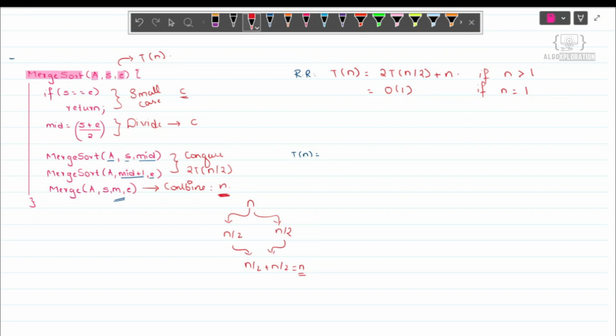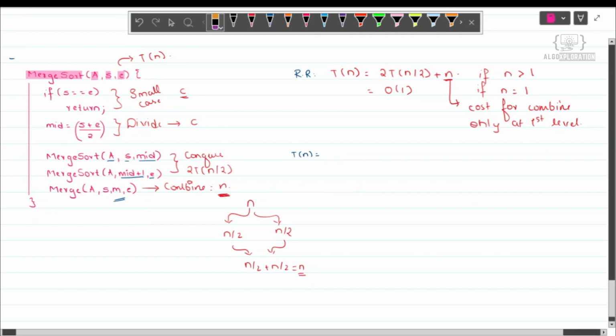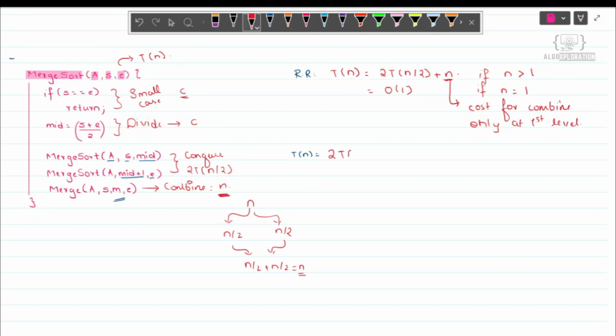Now this is nothing but the cost for combine, only at the first level. Okay, so what will be the time complexity? It will be 2T of n by 2 plus n.